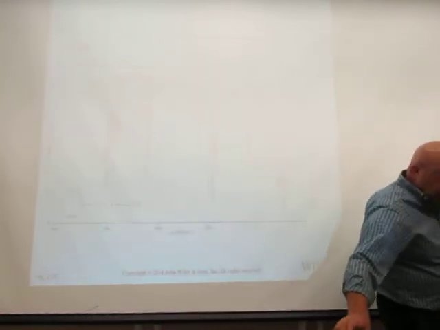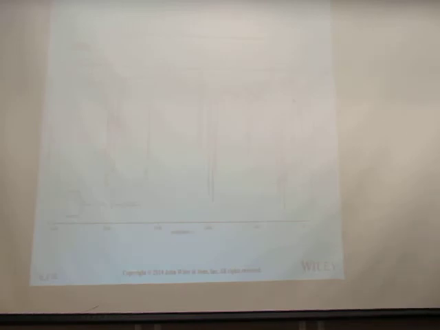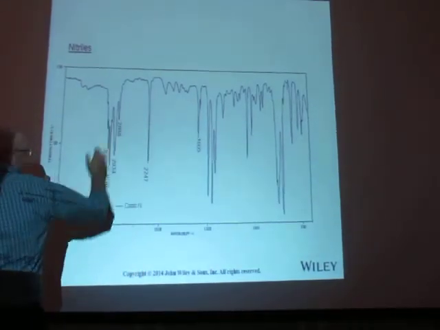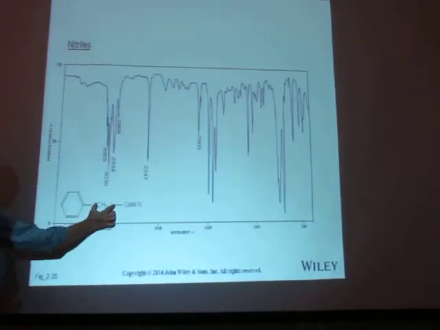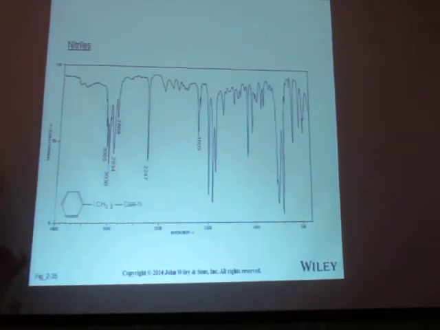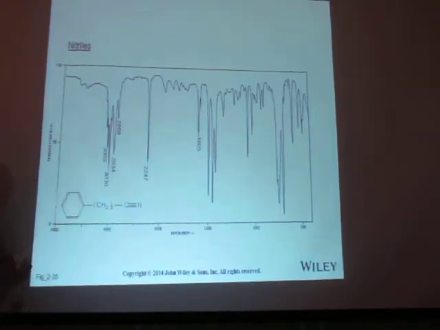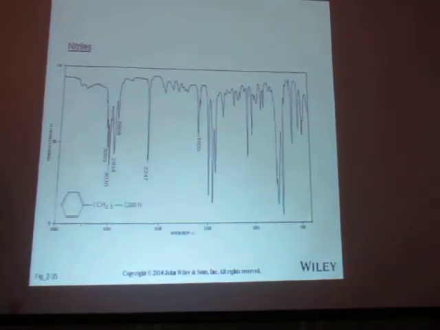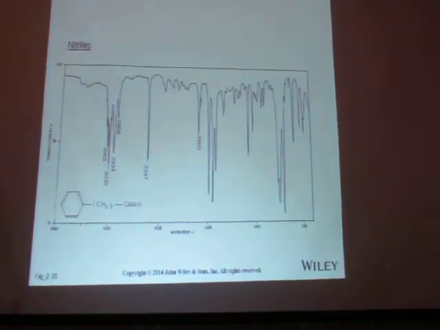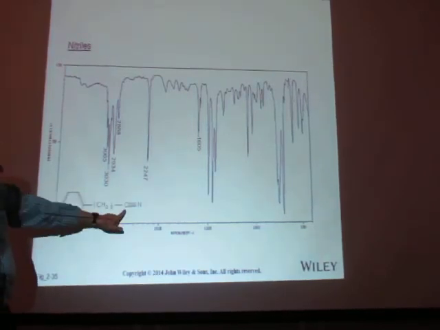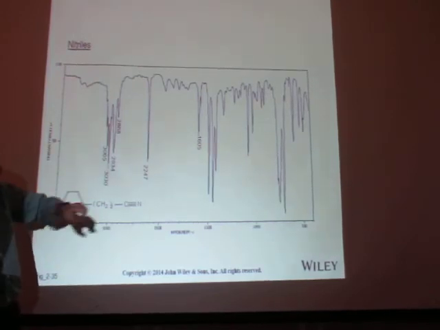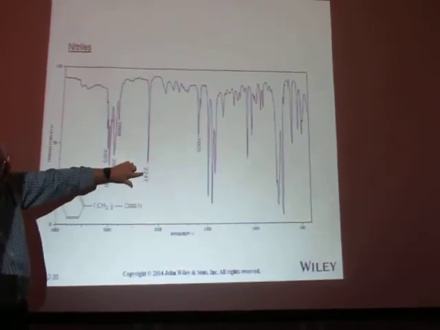Let's take a look here at an example. Right below 3000 is sp3 CH stretching, that's from these sp3 carbons here, the CH2s. Right above 3000, we got peaks, that's sp2 CH stretching from the phenyl ring. Those are all sp2 carbons. But that nitrile stretch, the carbon triple bond nitrogen stretch, is this one here at 2247.